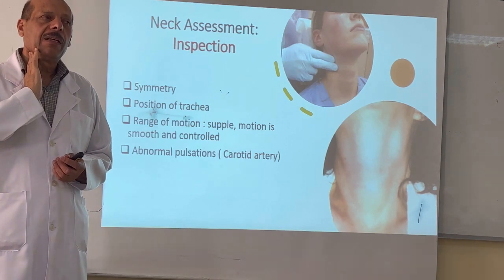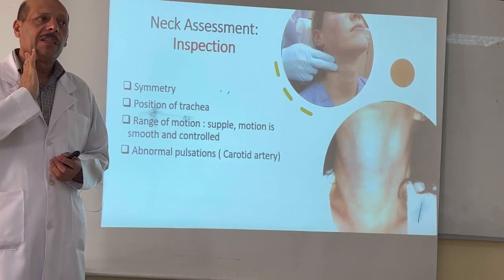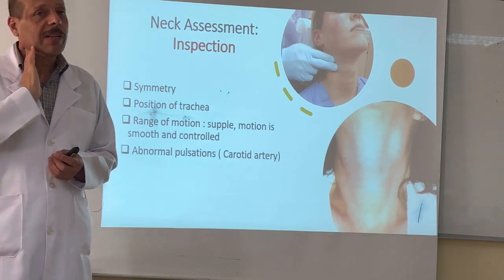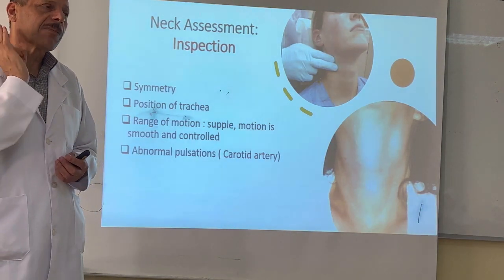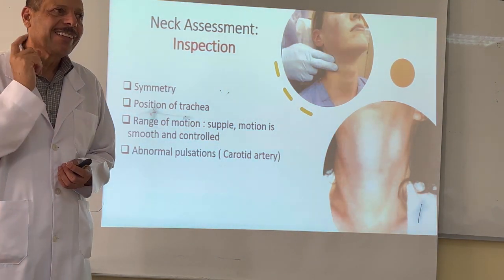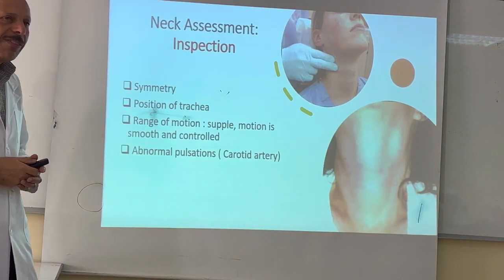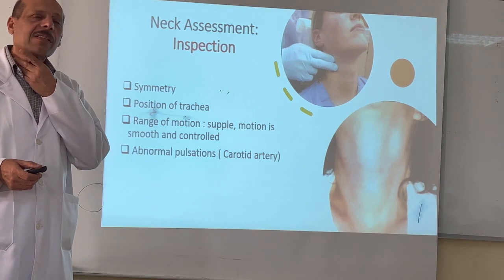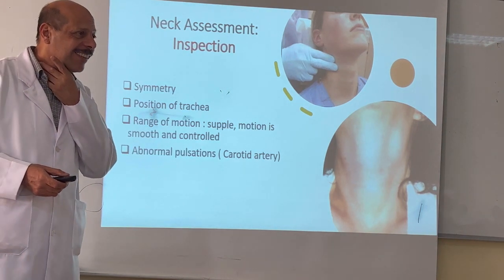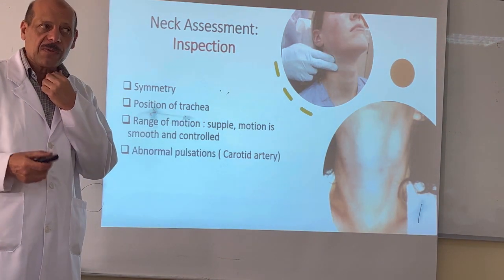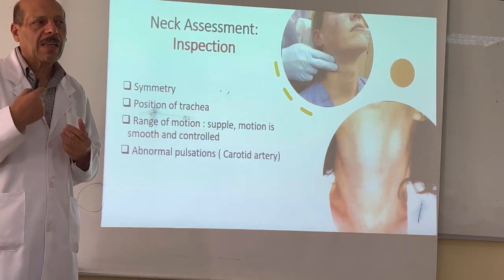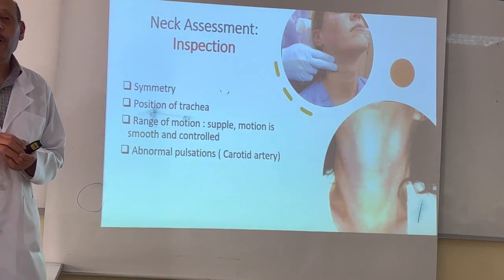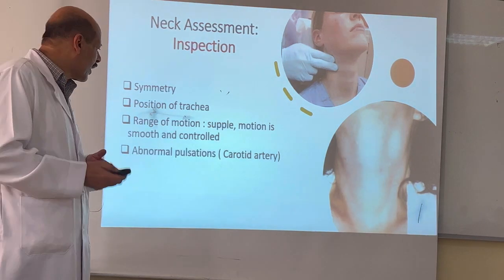We can feel the pulsation. Sometimes, if there is abnormality, you might see some throbbing. The veins also are usually not congested, not prominent, but in case of some diseases, you might find that the veins are congested.